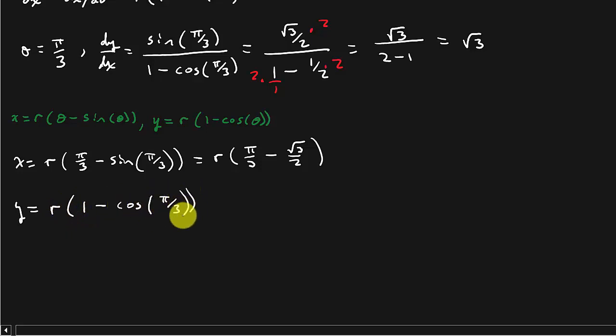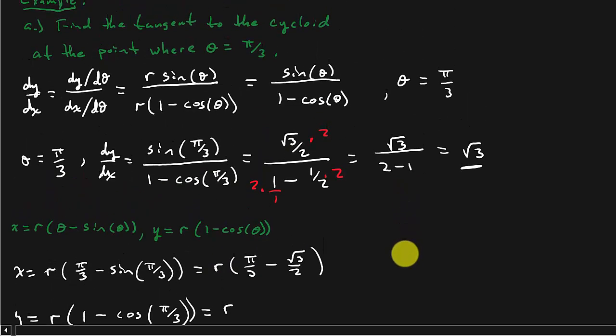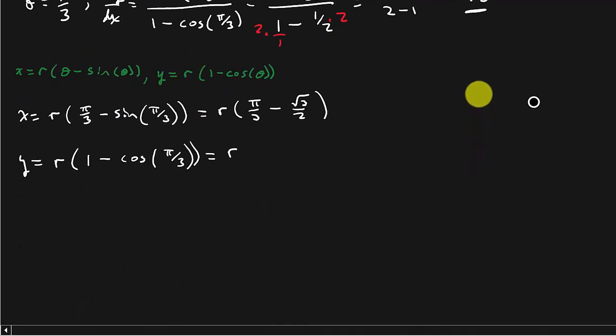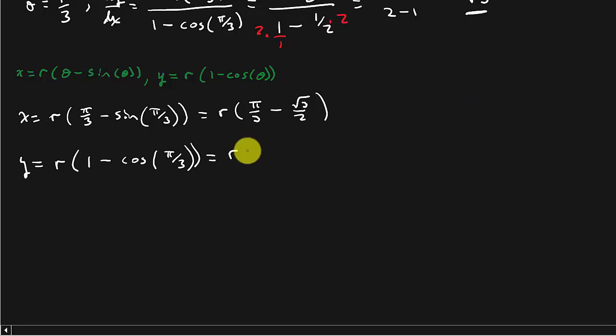Remember, when you're finding a tangent line, you have to have the slope and a point. We found the slope, which is right here. Now we have to find the point, so we take theta and plug it in here and here to get our X and Y. Never mind, I thought I wrote something down wrong, but I didn't.